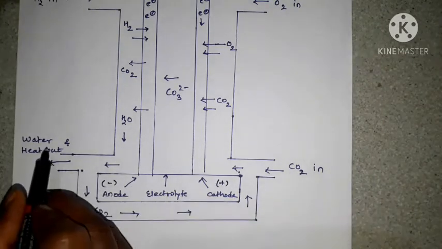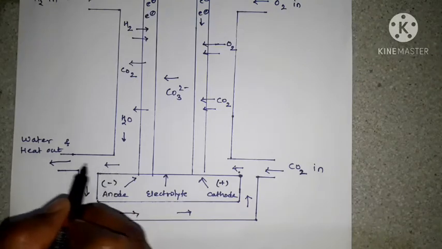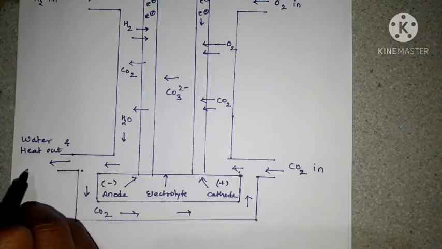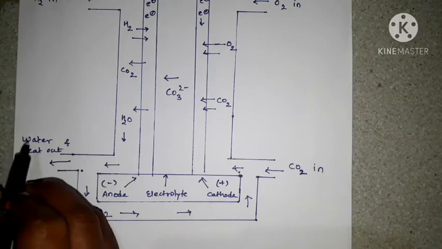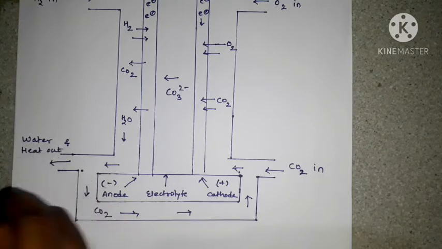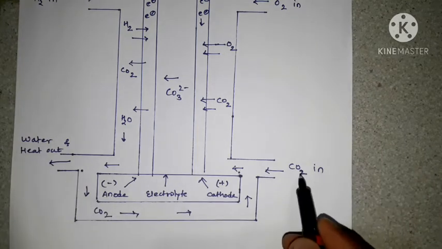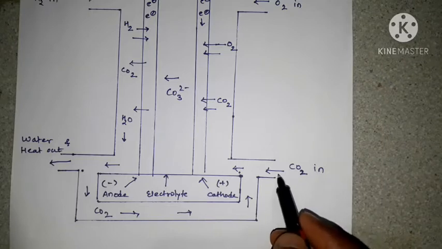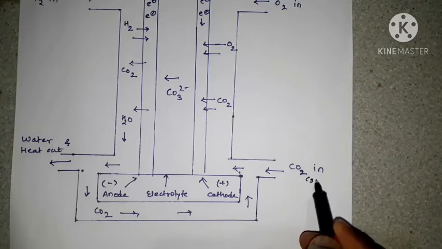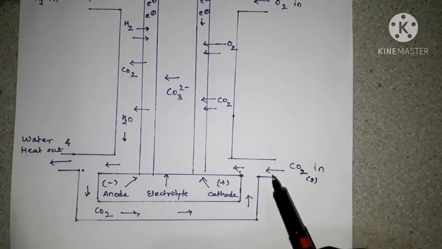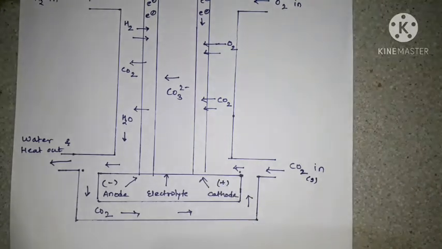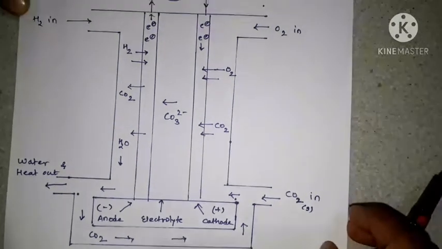Then at the bottom side, another outlet is there, that is water and heat out, and at the right side one inlet is there, that is CO2 in. CO2, as we know, is in the gaseous form, and that CO2 is also continuously passed on the cathode, that is the positively charged electrode.